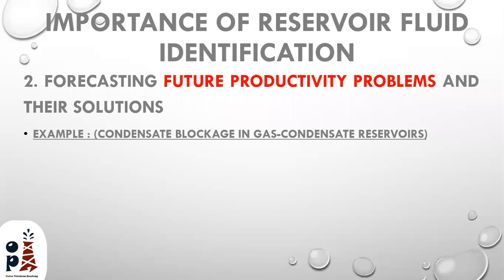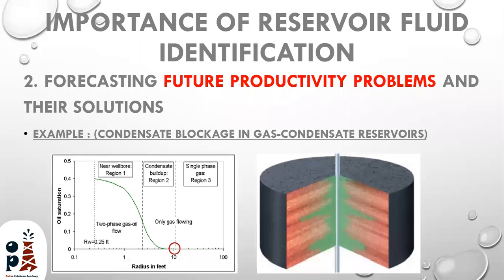So this condensate ring is lowering the productivity of the gas well. So when we have a gas condensate reservoir, we can expect that we will have some productivity problems in the wells that can be solved by using gas recycling and other methods for stimulation.